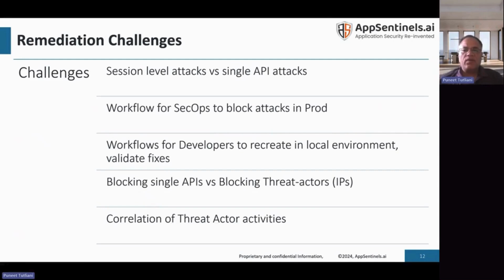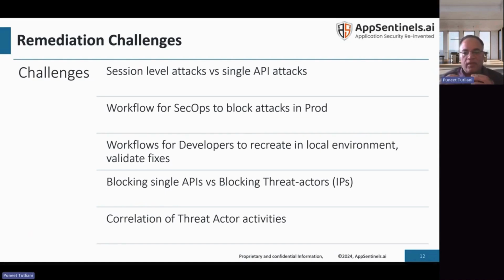Now, let me talk a little bit about the remediations. And remediation is a very challenging part when it comes to API security. Some being that when you think of an API attack, many times an API attack is not a single packet attack. It's a session level attack where some malicious activity has happened earlier in the session of the user, and the repercussion is seen quite late.